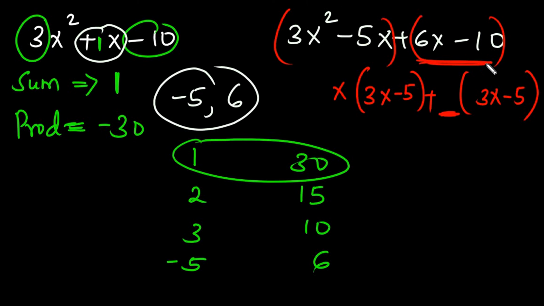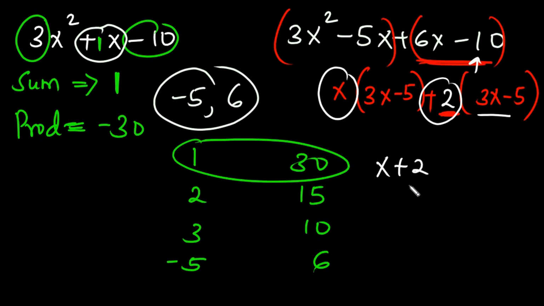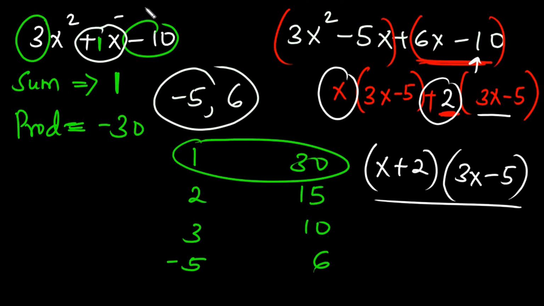Just think about it. And I can see that we need to multiply this bracket by 2 to get to this bracket. So it's 2 times 3x is 6x, 2 times negative 5 is negative 10. So we are going to pick these two. So it's going to be x plus 2 and then 3x minus 5. And that way we have factored that expression.